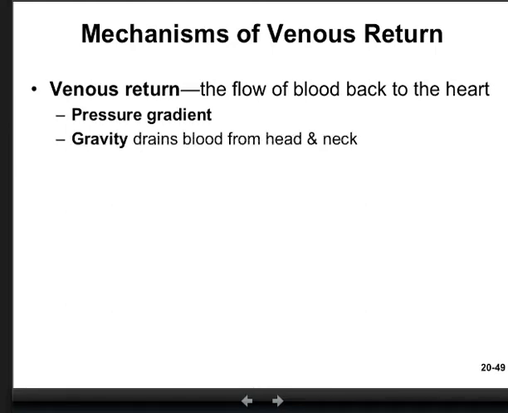Gravity drains blood from the head and neck, and the skeletal muscle pump drives it in the limbs, and that's basically the action of your skeletal muscle squeezing and relaxing around the lumen of the vessel, and that forces the movement of blood in the veins through those one-way valves and eventually back to the heart.